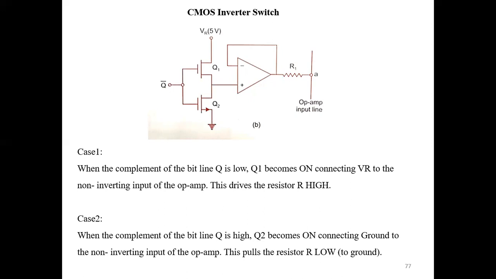Sample and hold circuits are used in the analog to digital converter for taking the sample. That means it will take the sample at a particular time and hold it for a particular time period. Again, it will take the sample and hold it for a particular time period. This continuous process is used to define the analog to digital conversion.